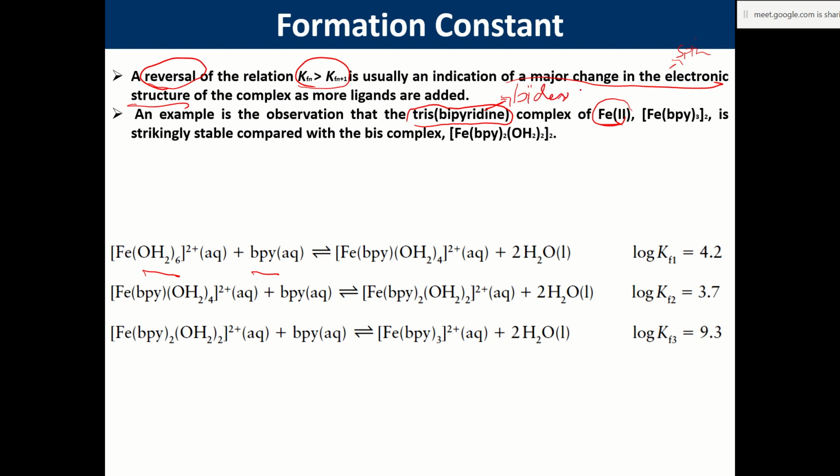So in an octahedral geometry, 6 water molecules will be replaced by 3 bipyridine in the final situation. So let's see what happens here.